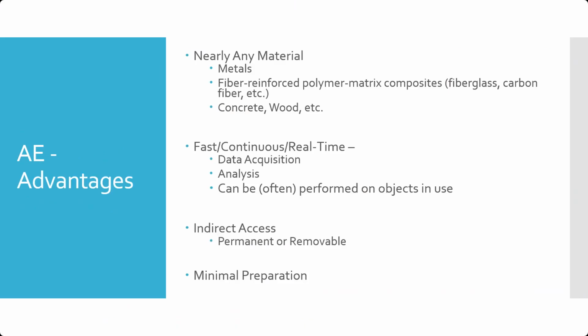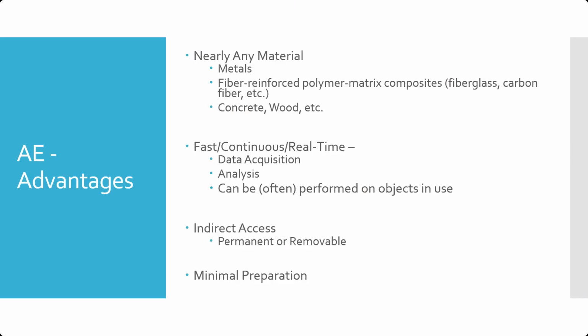So acoustic emission has some fairly strong advantages. The biggest one is it's very material independent. It can be used on all kinds of things. So, you saw just in that short video that was applied to things made out of metal. It can be done on your fiber reinforced polymer matrix composites. It's a fancy name for fiberglasses, carbon fibers, and those kind of things.